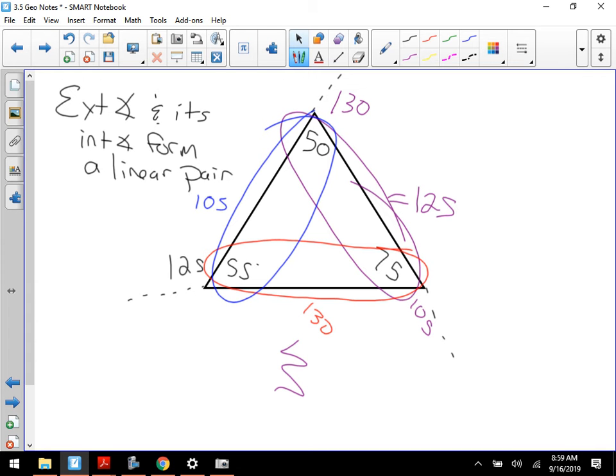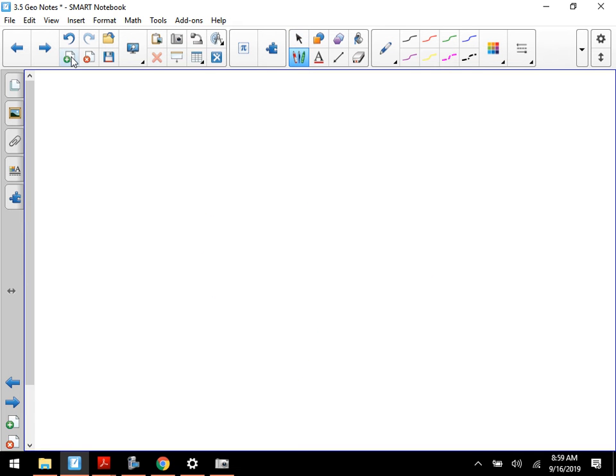So what happens here is with this exterior angle, it's a nice little trick. The exterior angle always equals the sum. What does sum mean again? Of the two angles it does not touch.